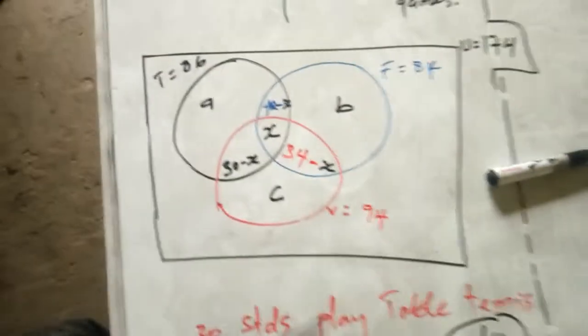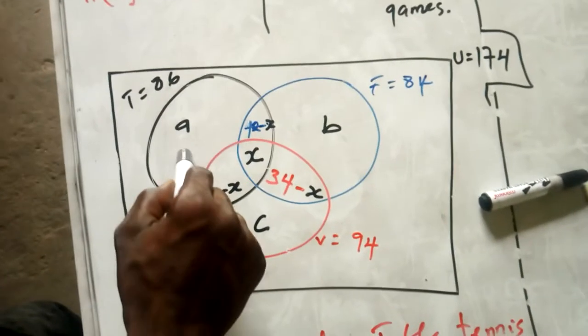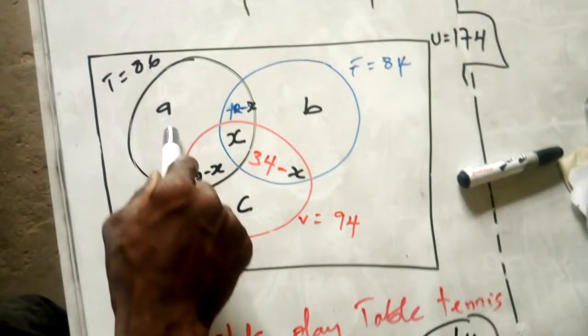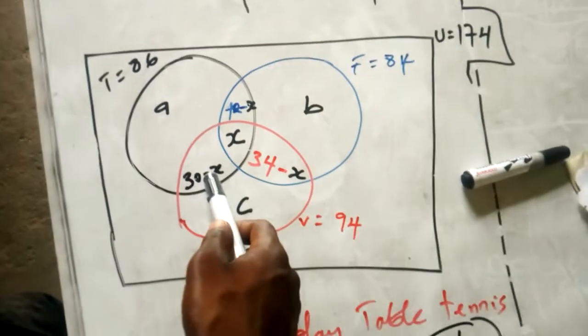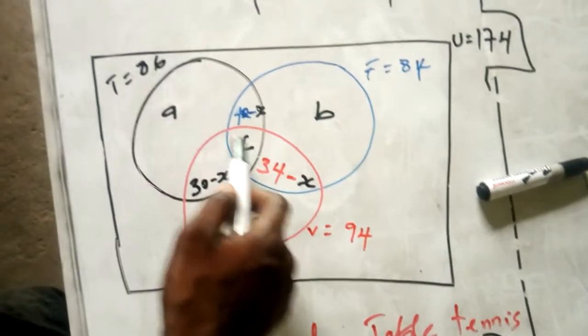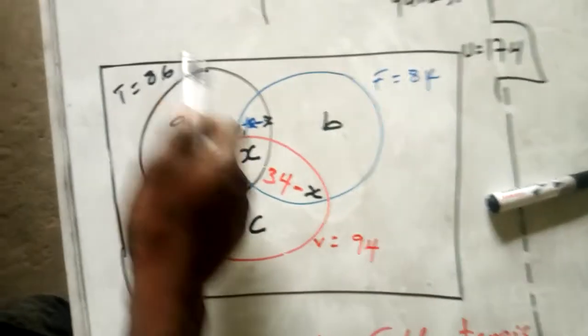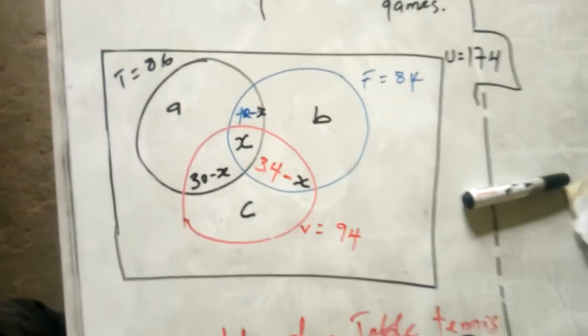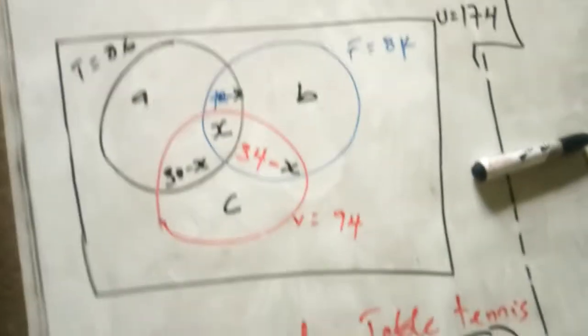All right. So with that, I can easily find those who are playing table tennis only. All that I have to do is take this portion out of the 86, you out of the 86, you out of the 86, and then the one that is left is those who are playing table tennis only.